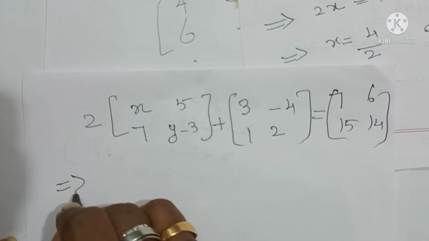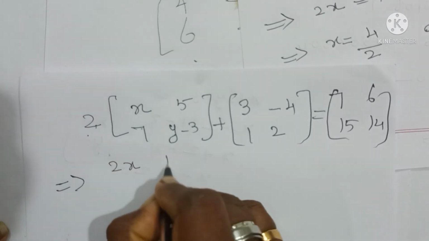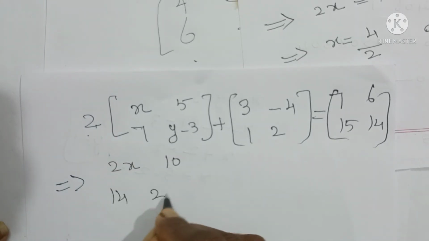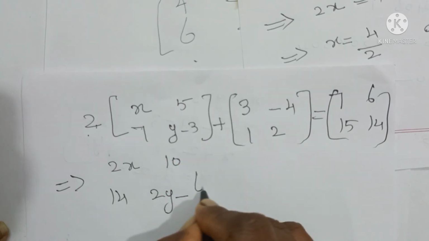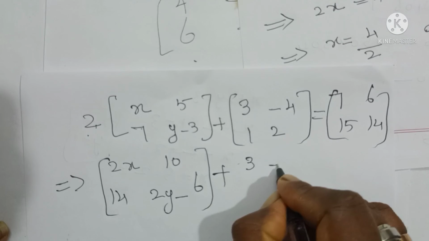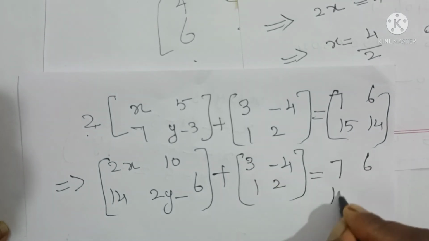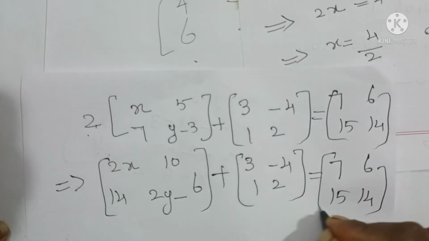This implies you multiply 2 with the first matrix. So we get 2x, 10, 14, 2y minus 6. The remaining matrix we write as it is: 3, minus 4, 1, 2, which is equal to [7 6; 15 14].